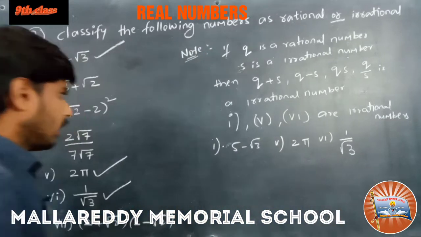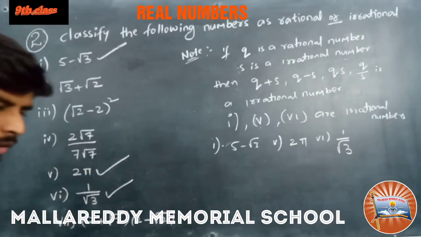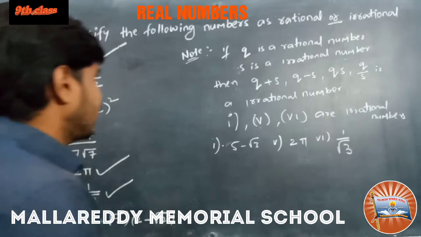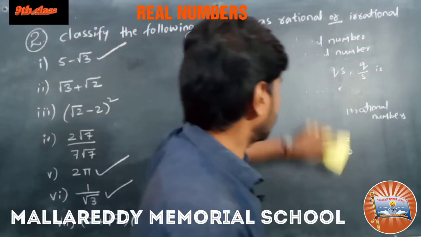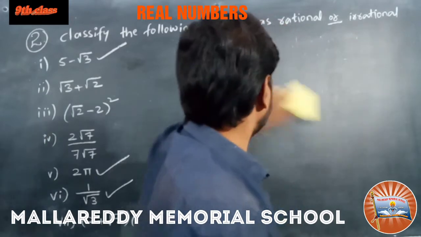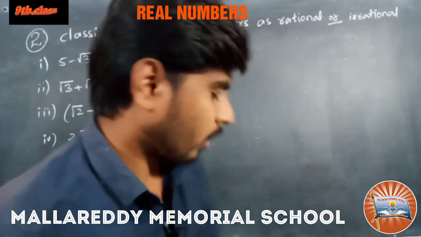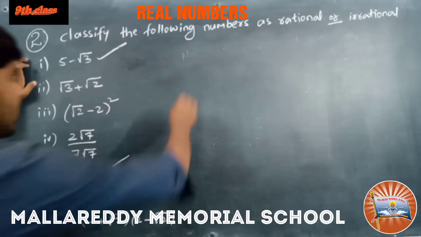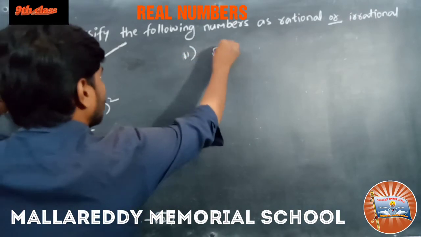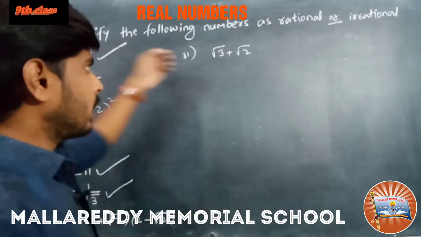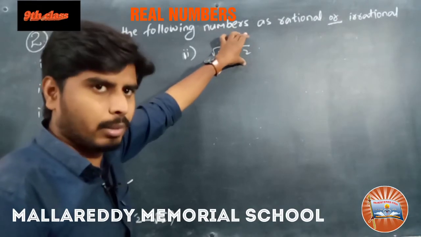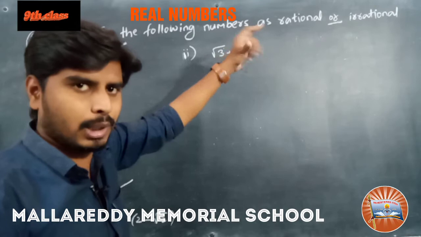Next we shall see the remaining ones. So I am going to erase this. What are the remaining ones? Second one: root 3 plus root 2. Here root 3 and root 2 are irrational numbers.